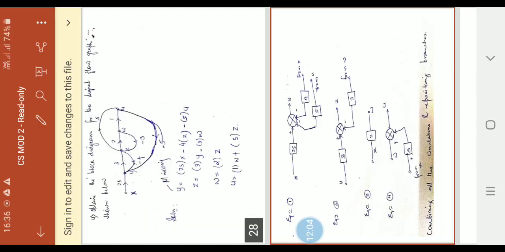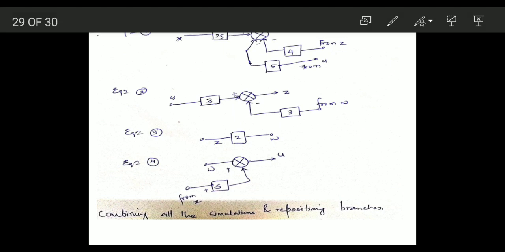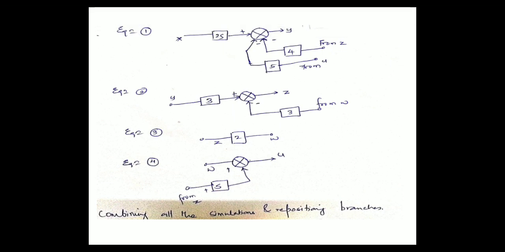We'll take equation 1 first. What is equation 1? Y is equal to 2s into x minus 4z minus 5u. So all has been shown. So these two are minus signs.